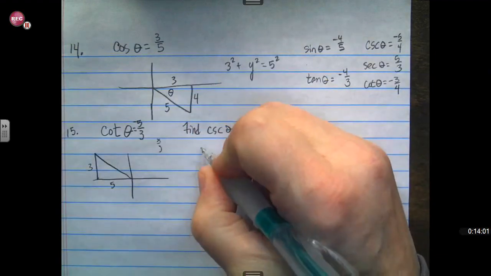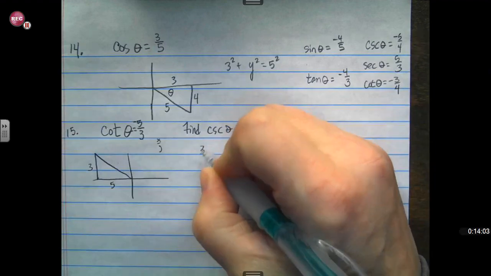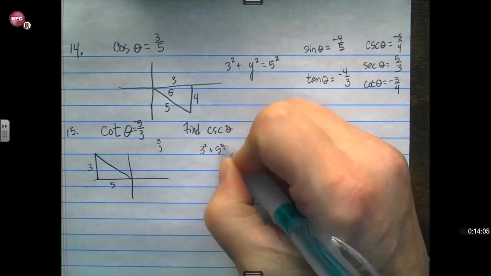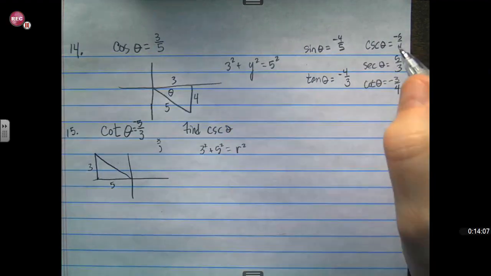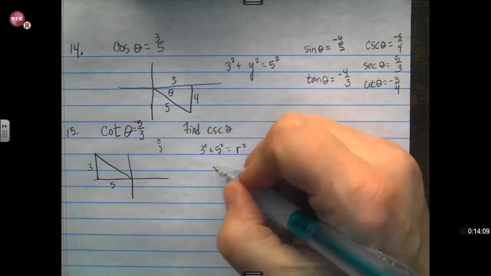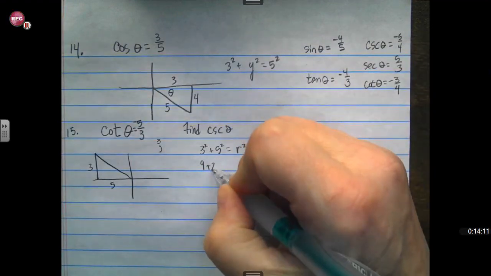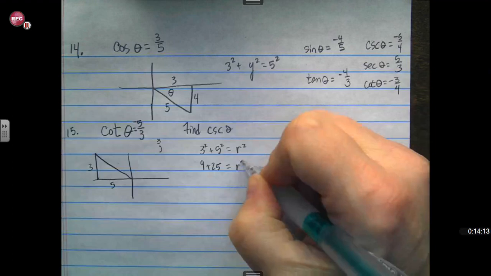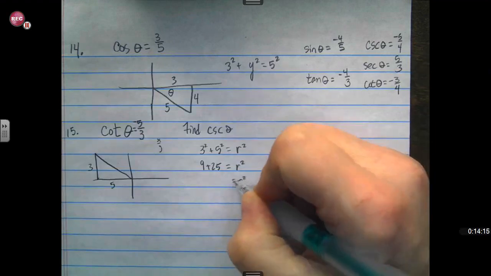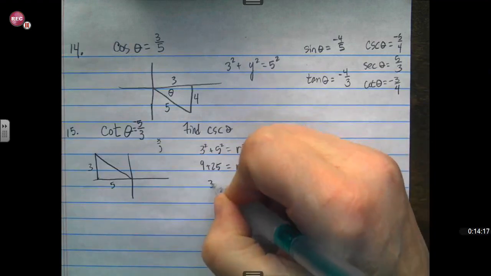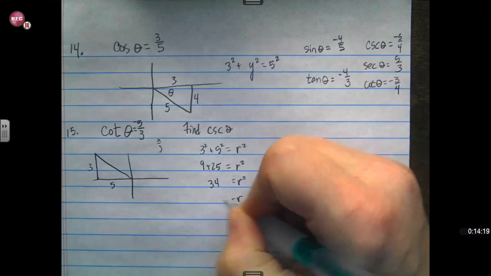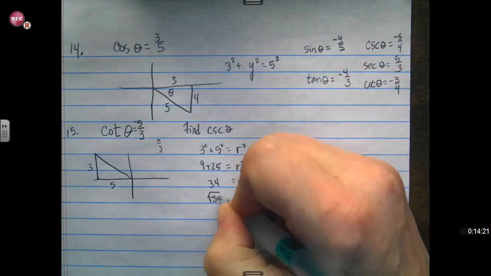Because using the Pythagorean theorem, 3 squared plus 5 squared would equal that hypotenuse squared. So 9 plus 25 is 34. So the radius is the square root of 34.